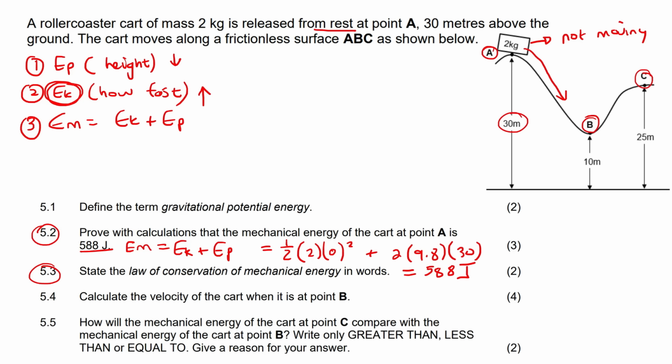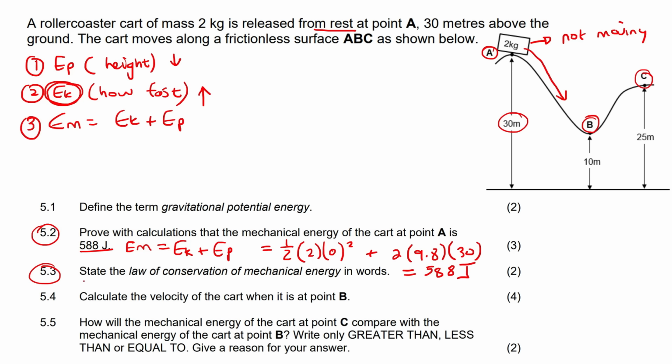Now, your teacher might give a slightly different definition, but pretty much this is the law of conservation. What does conservation mean? It means that you are protecting something, or something is not changing. It means you're trying to keep it the same. So mechanical energy stays the same, 588 in this particular question.